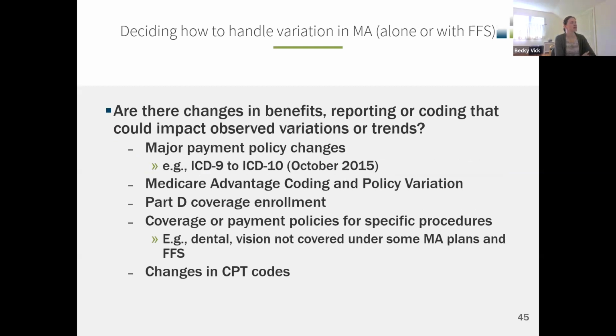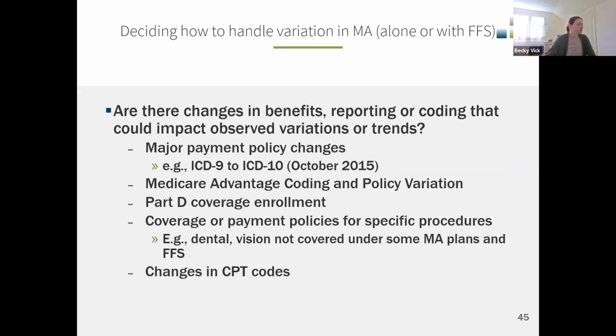When you're deciding how to handle variation in Medicare Advantage, consider: are there changes in benefits, reporting, or coding that could impact observed variations or trends? This is just something to think about when you're using encounter data.